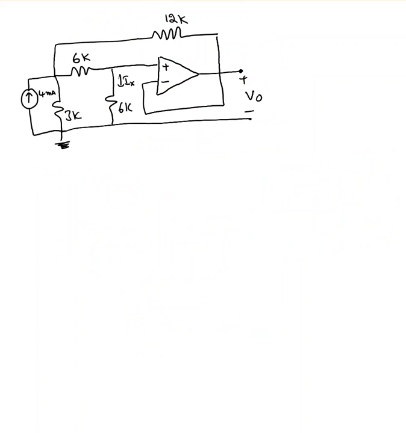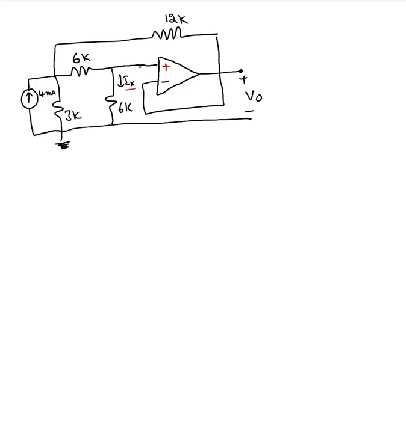Okay, here is the next example. In this example, he's asking us to find Ix as well as V0. Is it inverting or non-inverting? Since our input is connected to the positive terminal, for sure this is a non-inverting amplifier.